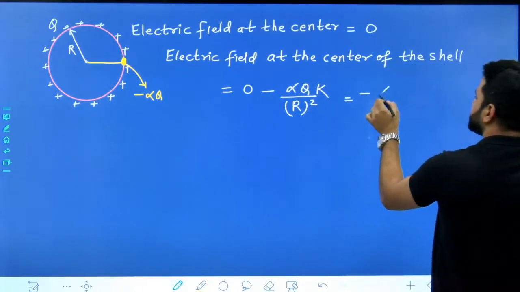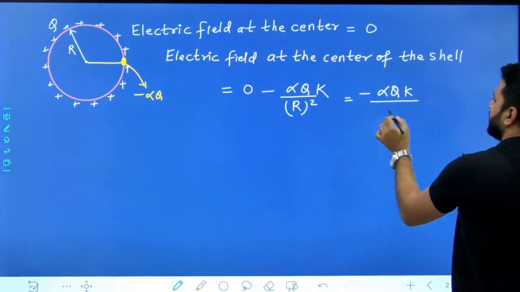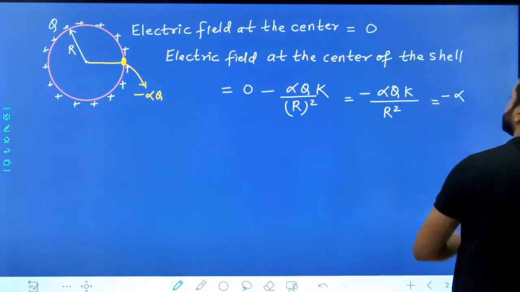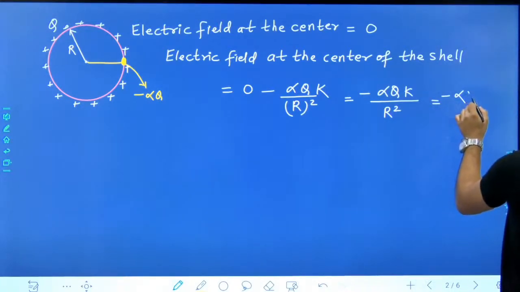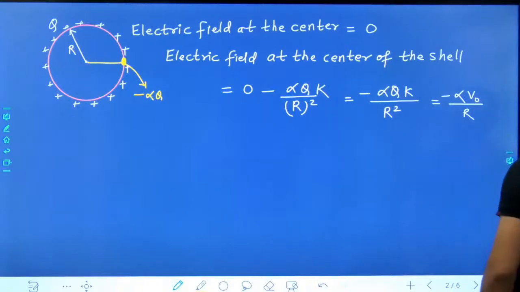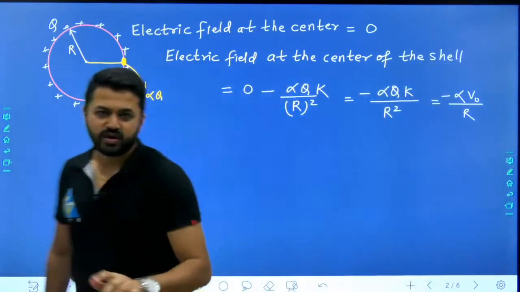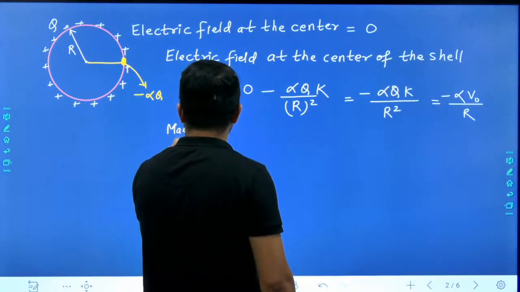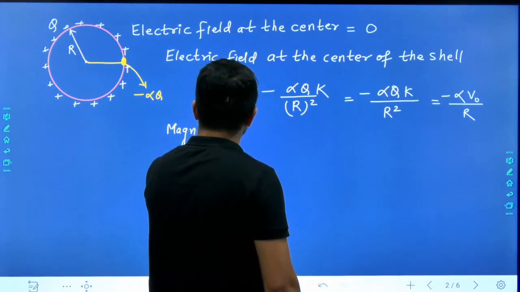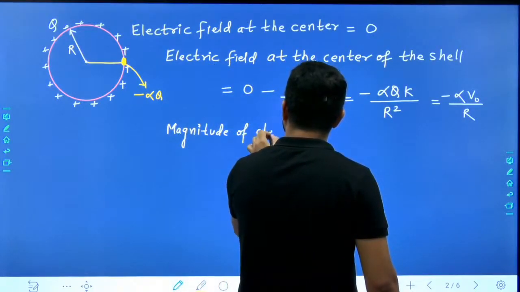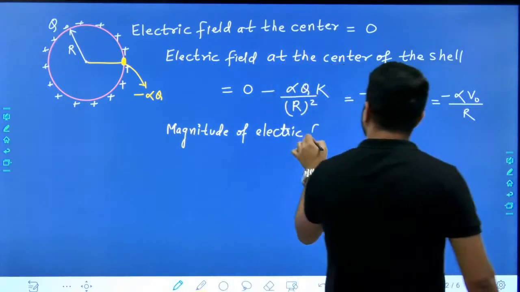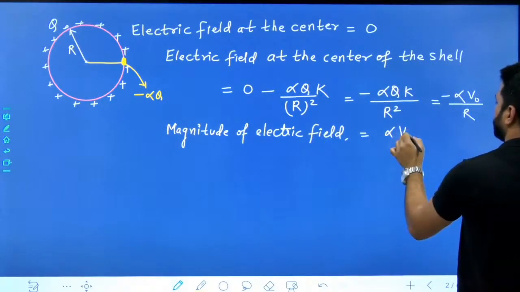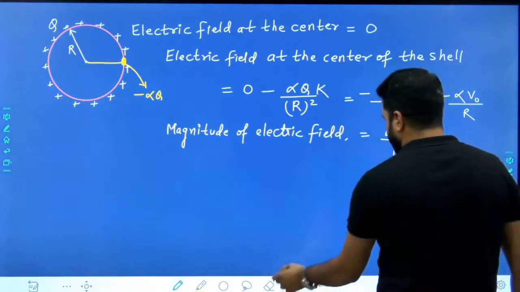So this is minus alpha q k divided by r square overall, and this one will be minus alpha V naught by r. So if I take the magnitude, the magnitude of electric field is alpha V naught by r.